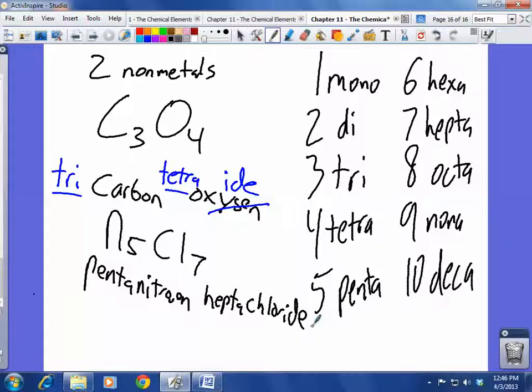Why don't you guys try these real quick? C8F10, B2O2. See if you can write down the names of these guys.